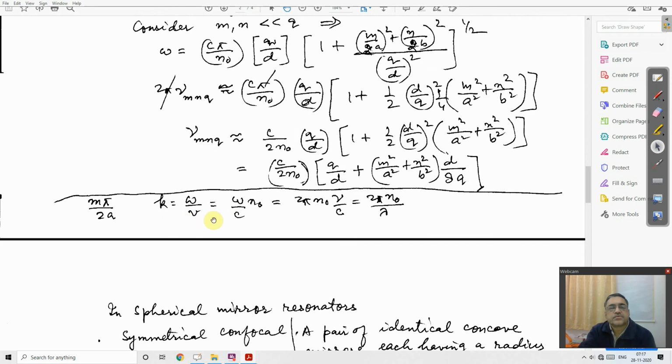Here k is equal to what we already saw. Omega is 2 pi nu, 2 pi n naught by lambda, because c by nu is equal to lambda.